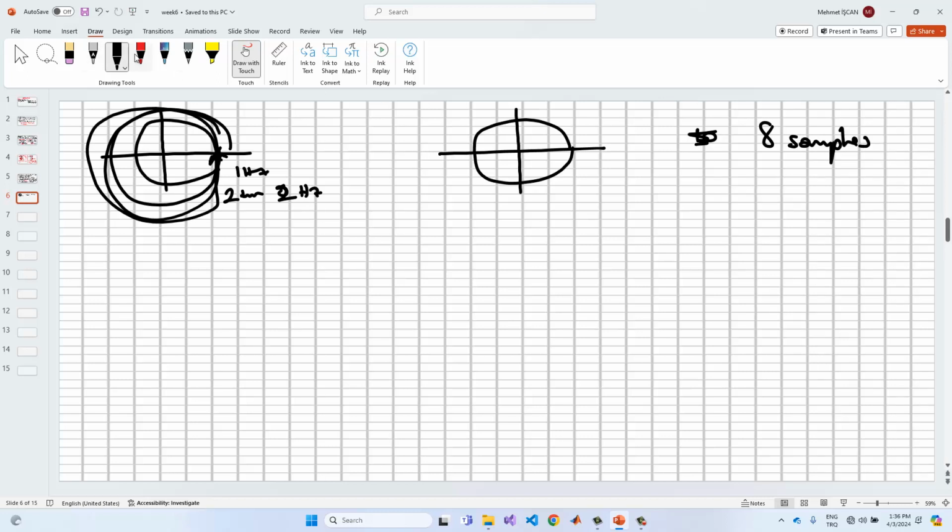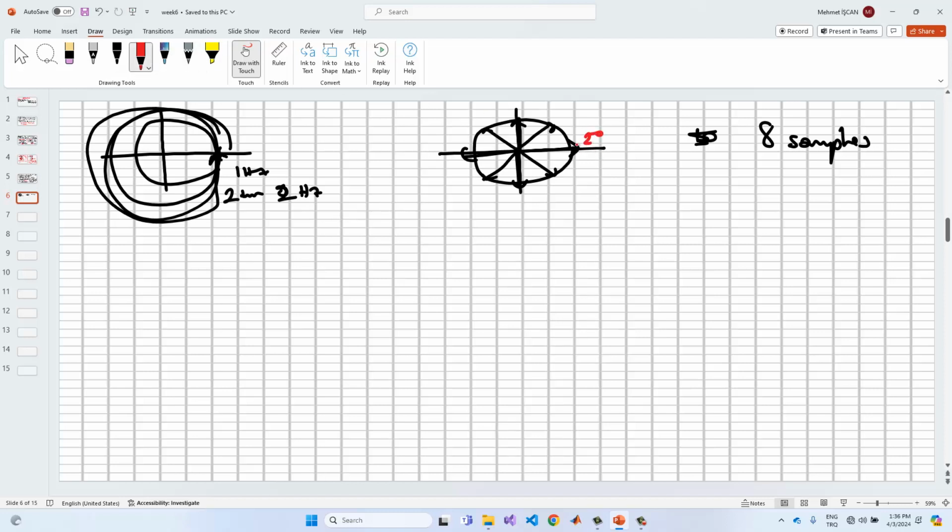In the 8 samples, we have the what? The 8 line. 1, 2, 3, 4. 1, 2, 3, 4. Okay? And so we have the 8 line in here. And also this is equal to the what?